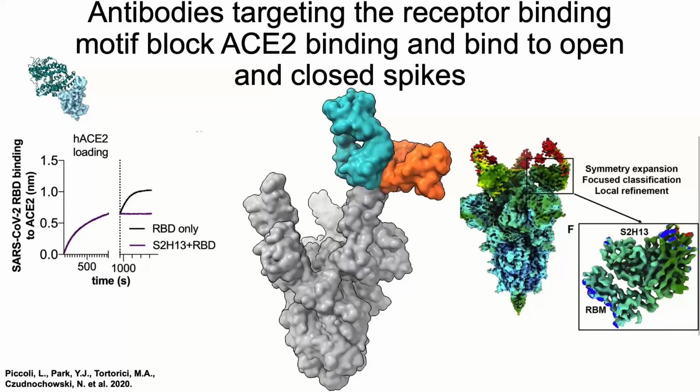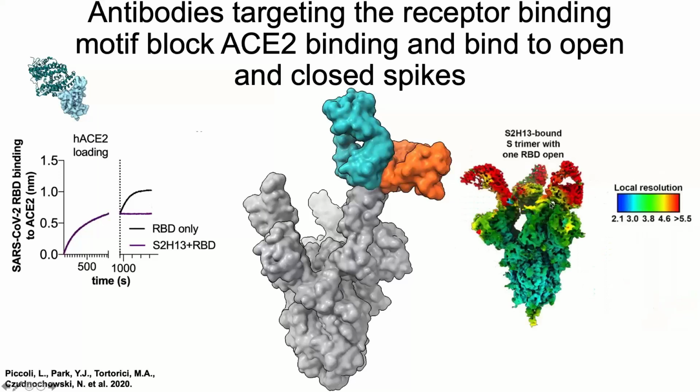Now we typically find that when the receptor binding domains are closed, we have a much more tractable structural system. But I just want to show that we don't only see the antibodies binding when all the receptor binding domains are closed. In fact, these antibodies require the receptor binding domains to be in a more open position.